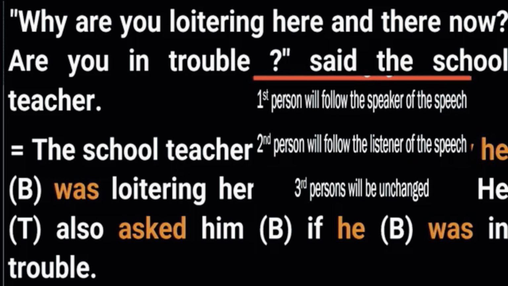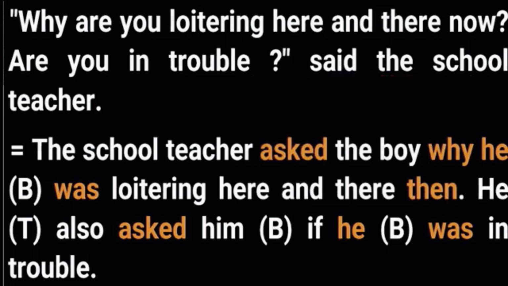Why have I put he here? You know, second person will follow the listener. If the school teacher says a sentence, then who will listen? The boy will listen. That's why you has been changed into he, as the listener is a third person, I mean the boy. That's why I have put here he.